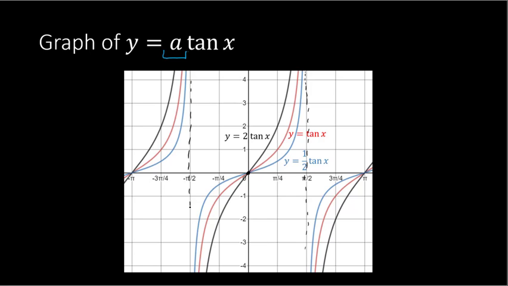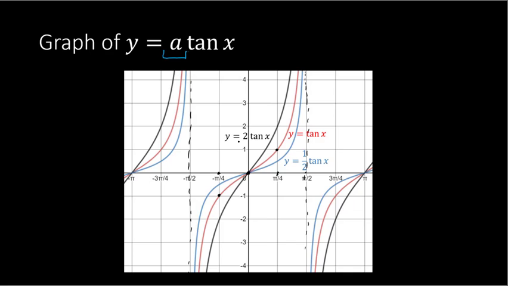So we mentioned on the previous slide that if we find the halfway point between the 0 and the asymptote, so here at pi over 4, we can find another point by looking at the amplitude, the number in the front. So for the red one, y equals tangent of x, amplitude is 1, so it's going to intersect here at positive 1. And then over at negative pi over 4, halfway between 0 and negative pi over 2, it's going to go down to negative 1. And that's where we get this point on the red graph.